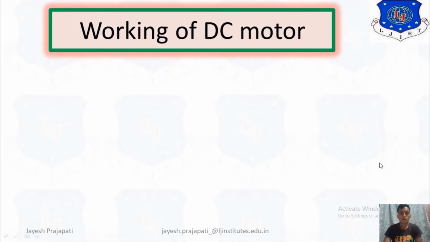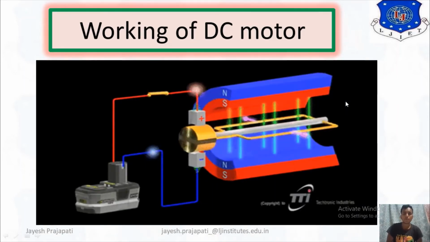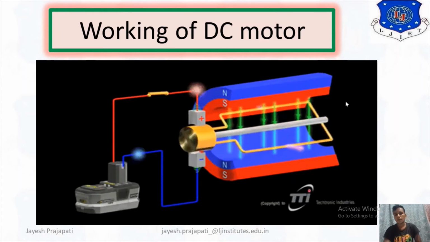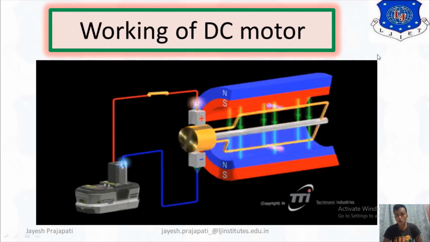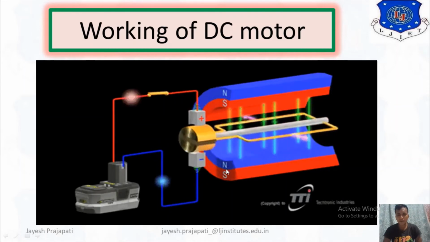Now, if we see the working of the DC motor in the animated view, then it looks like this. You can see in the figure there is an animated view of the working of the DC motor. In this animated view you can see there is a cut view of this DC motor. In this cut view there are two fixed poles, N and S pole, shown as the field winding.